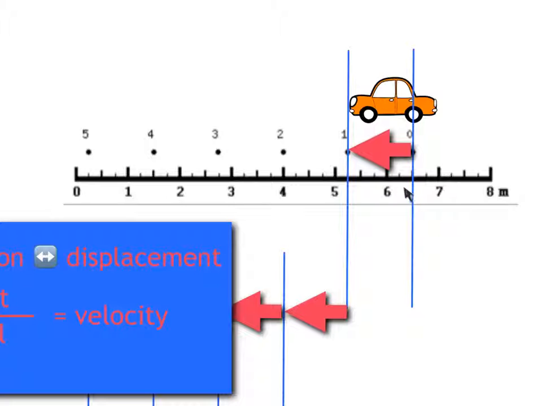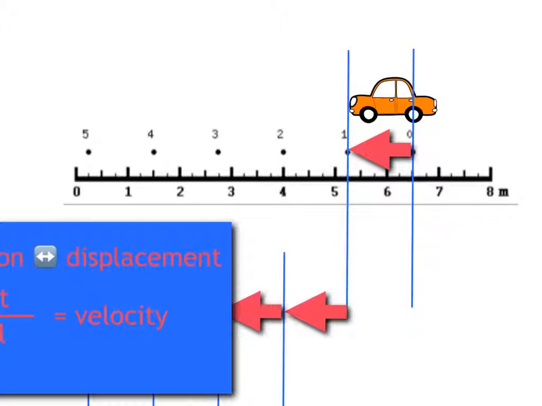One more time. 1, 2, 3, 4. That makes 1 meter and 1/4. So we have 1.25 meters. So the car's change in position is 1.25 meters to the left, which in this case is the negative direction.